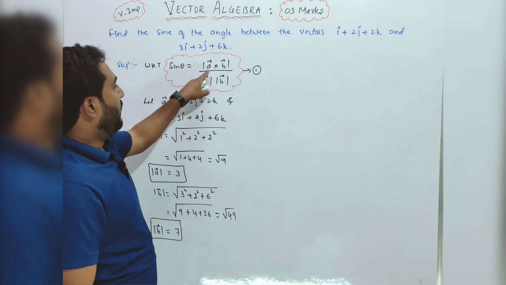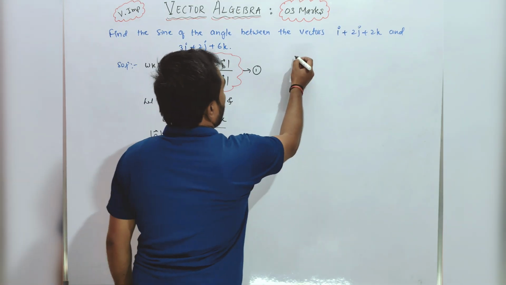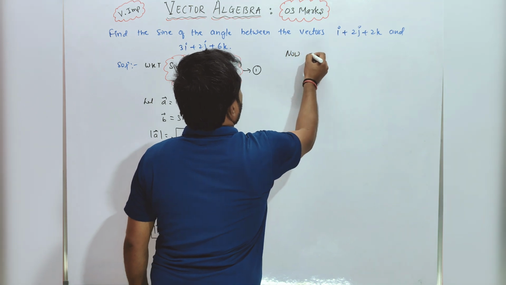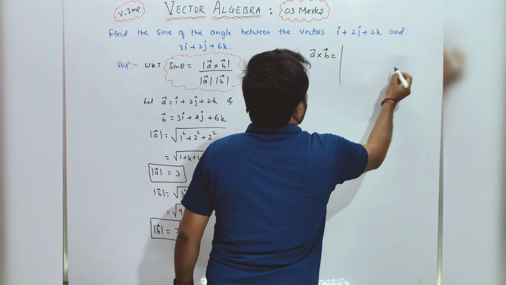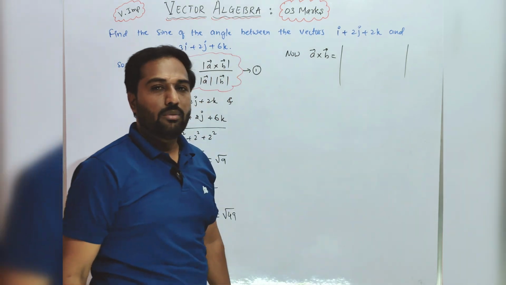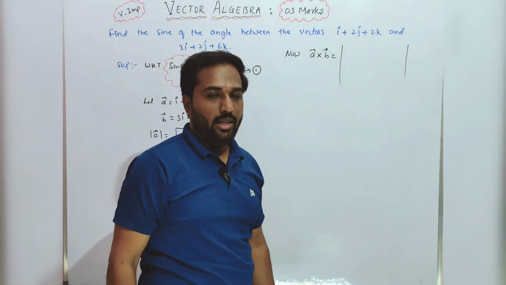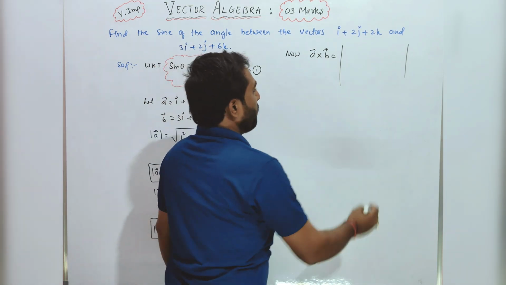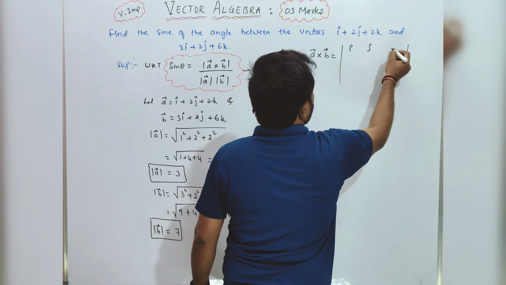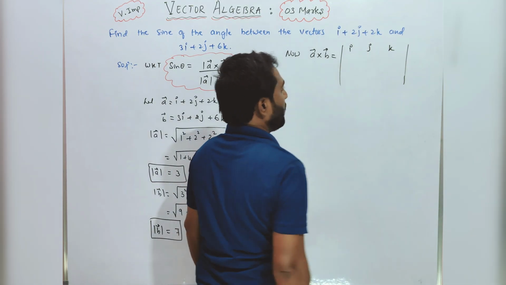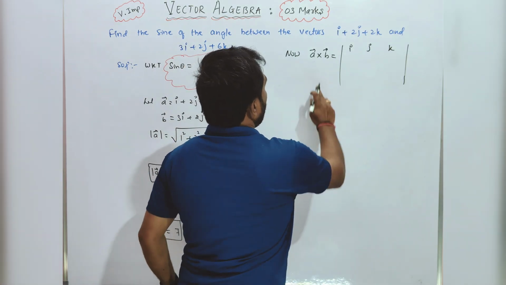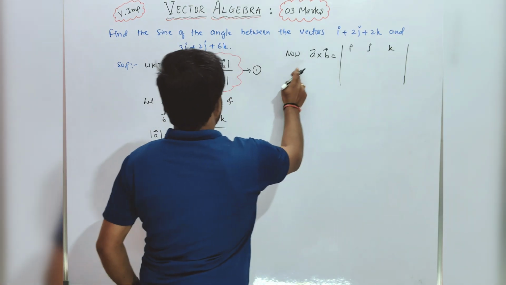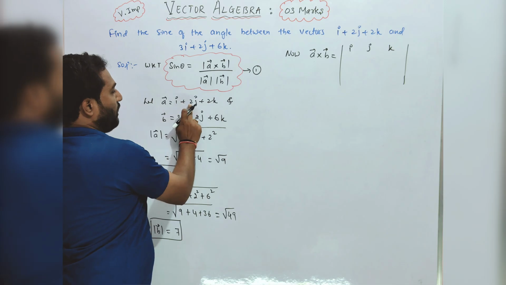Now let us find A cross B. Simple. As in the previous problem, you know how to find A cross B. Just take the determinant, and the first row will be i, j, k, compulsory. The next two rows are the elements of vector A, which are 1, 2 and 2, and then vector B, which is 3, 2, 6.